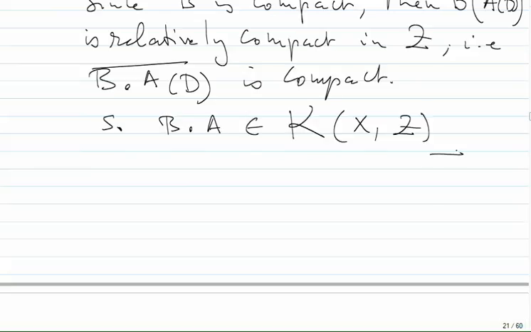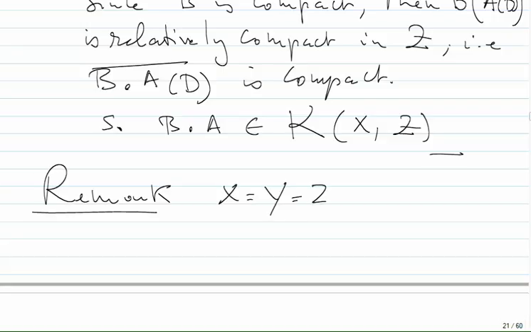Okay? So as you can see here, a remark. If we assume that X is equal to Y equals to Z, then in this case, what does it mean?